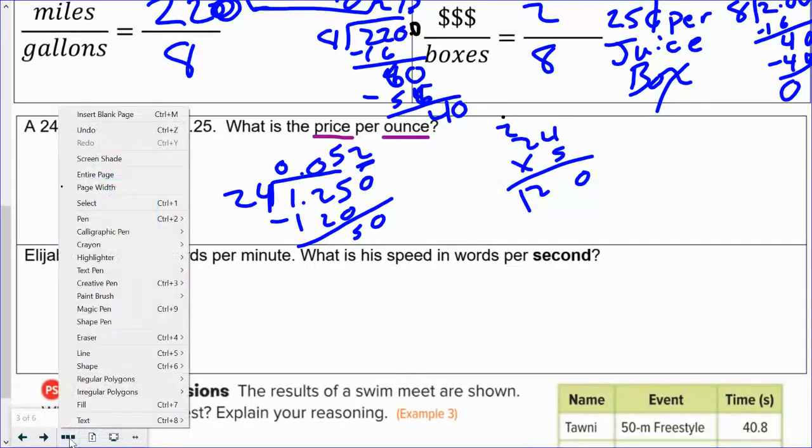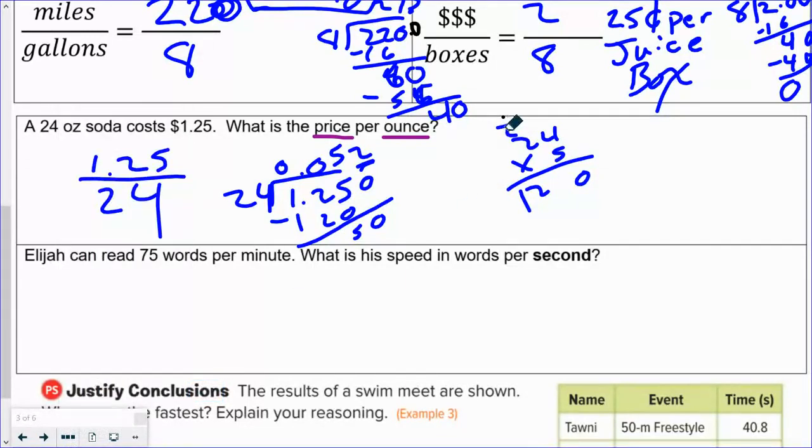So, and now that I have room to try to write my answer, I'm going to erase this over here. Okay. So we want to write this as it is 5 cents per ounce.